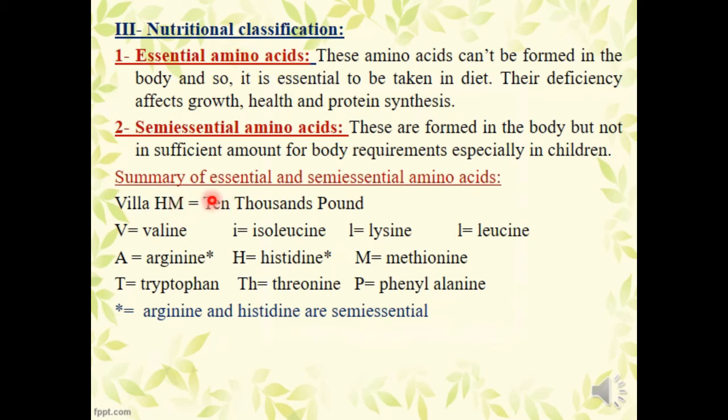T, tryptophan. TH, threonine. And P, phenylalanine. So only A and H here, arginine and histidine, are semi-essential, formed in the body but not sufficient, especially in children. The rest are all essential, and the ones that are not mentioned in this Villa HM 10,000 pounds are non-essential.